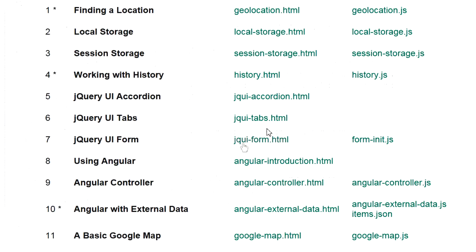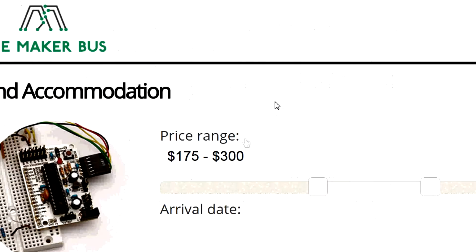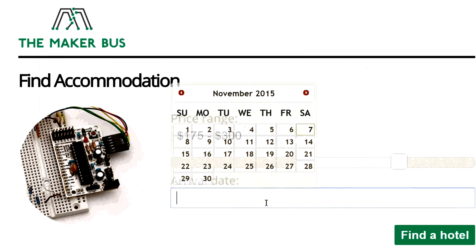So let's take a look at that page. jQuery UI form. It's going to load up that page, and it's selected here. If I click this here, I will get this.